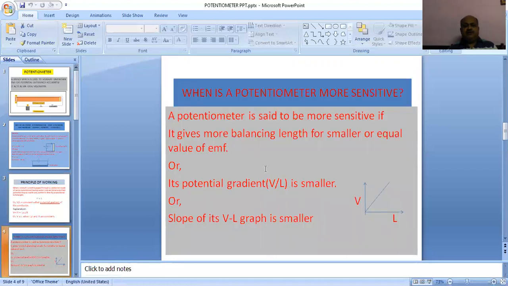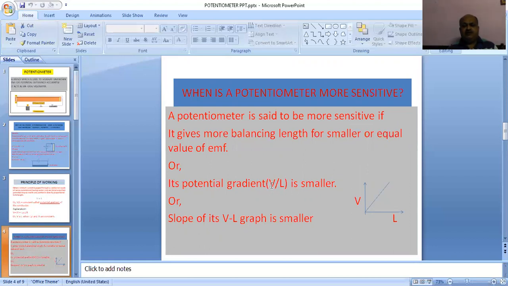When is a potentiometer more sensitive? A potentiometer is said to be more sensitive if it gives more balancing length for a smaller or equal value of EMF, or its potential gradient is smaller.